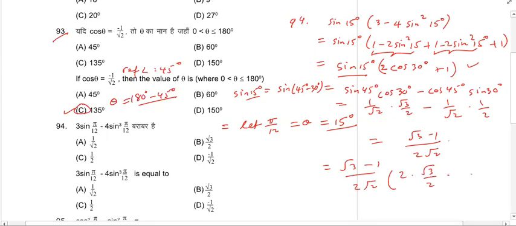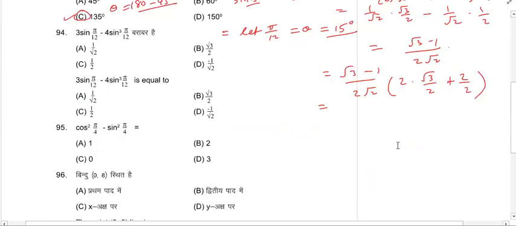Factorizing this, we take our 2 outside: root 3 plus 1, because what we have is 2 root 3 over 2 plus 1 plus 2 over 2, divided by 2 times, so 4 root 2.